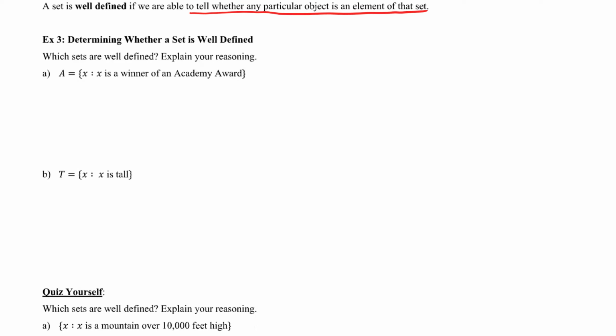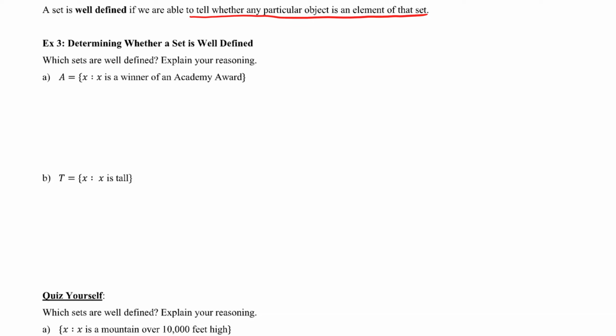And so if we put it in that perspective, we would be able to say, yes, the set is well defined. Because you can very clearly think of any celebrity that you want, and either they are an Academy Award winner or they're not. So it's very easy to say definitively, without a shadow of a doubt, yes or no to this.